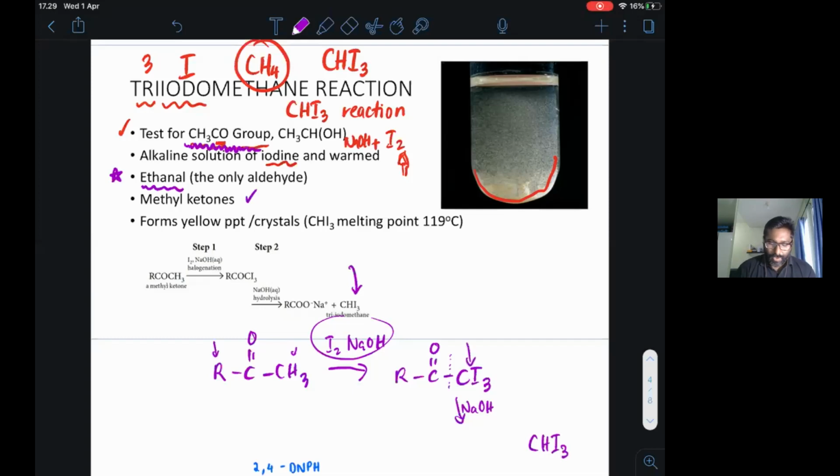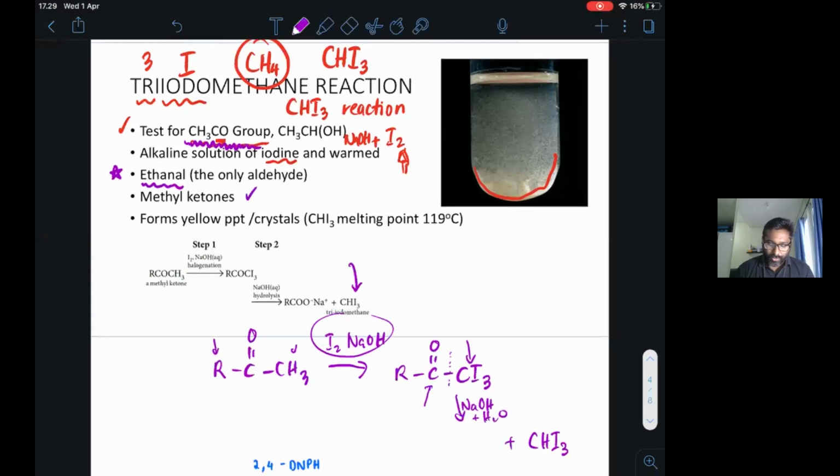And this part, because of the presence of water, you are going to get R, C double bond O and then OH. But take note, you are using sodium hydroxide, so this part will form a salt. So that's why you can see over here there is a salt and then CHI3.